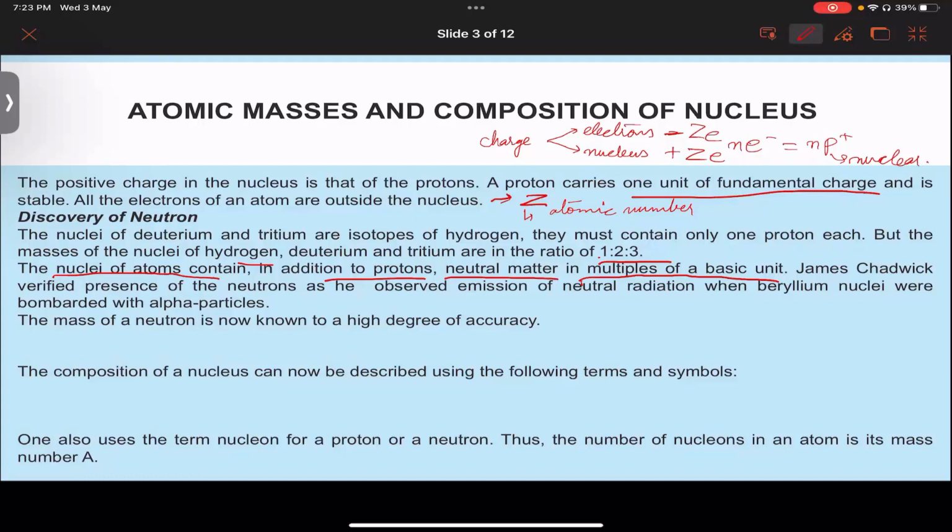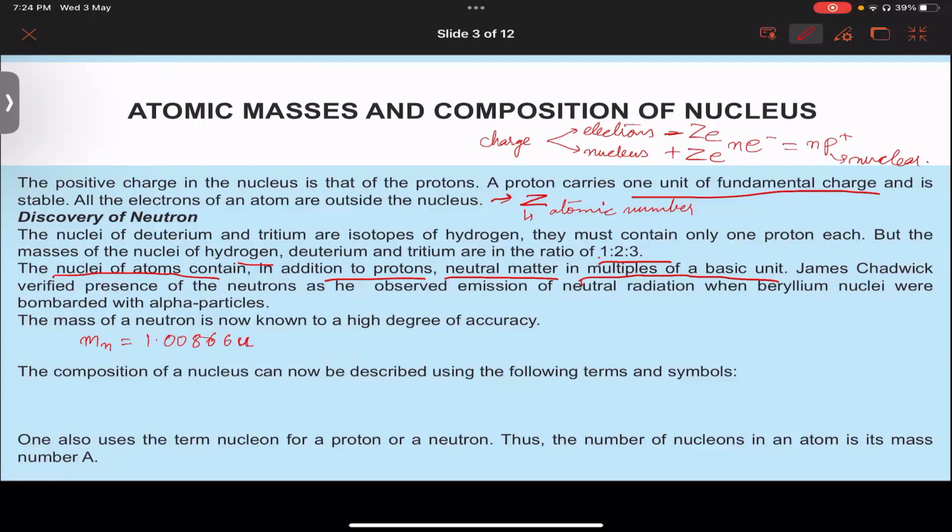From the conservation of energy and momentum, he was able to find the mass of this neutron, and he concluded that it was very much similar to the mass of the proton. Now we know the mass of the neutron to a high accuracy, and it is 1.00866 u. You see that this is close to the mass of the proton.